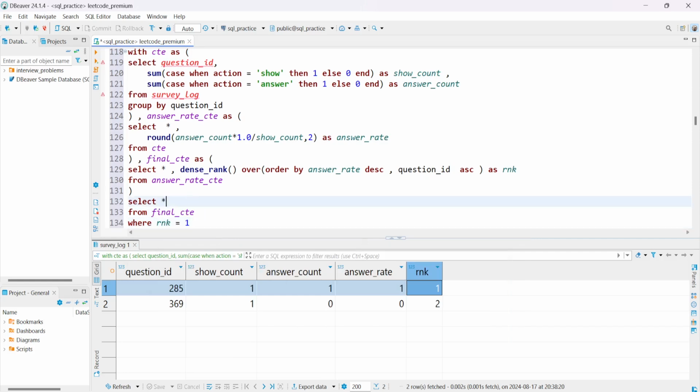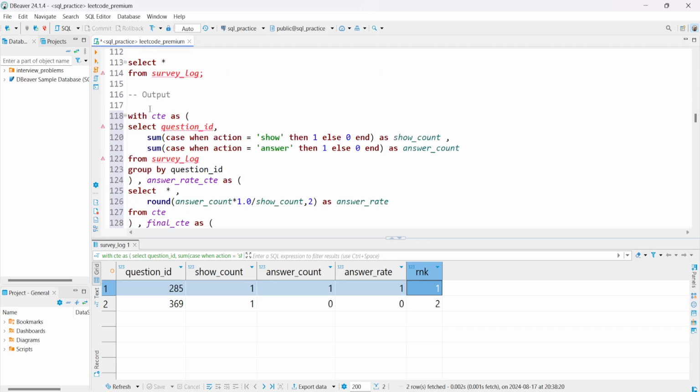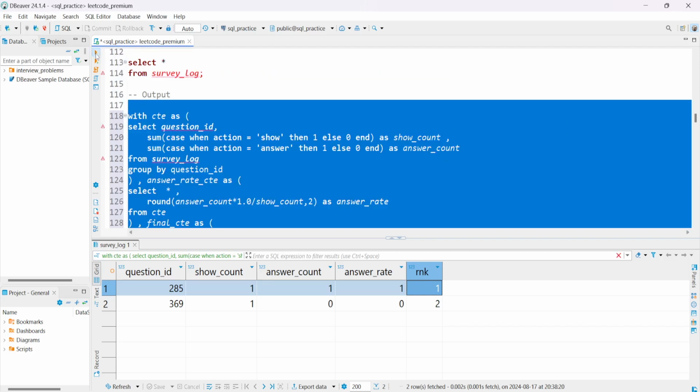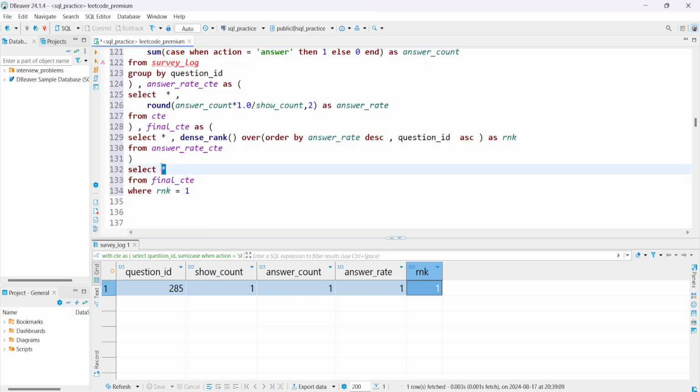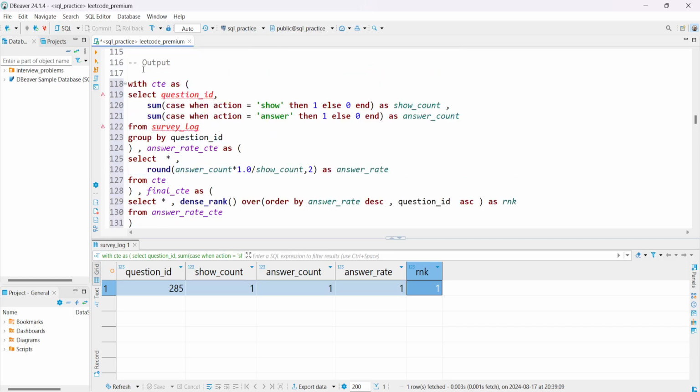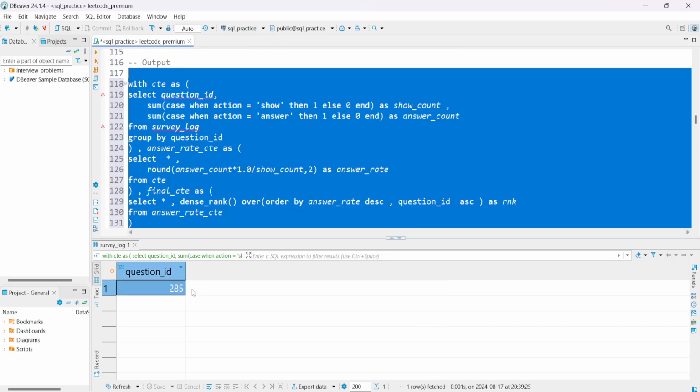First let's select everything. Now we should get only one record, and for our answer we just need question ID, so we can write question ID and run this. Okay, I think we got our desired output.